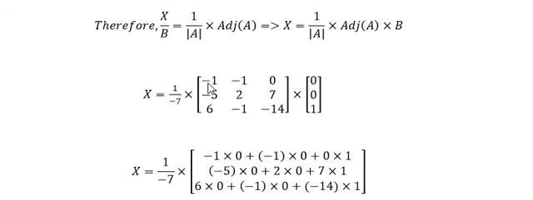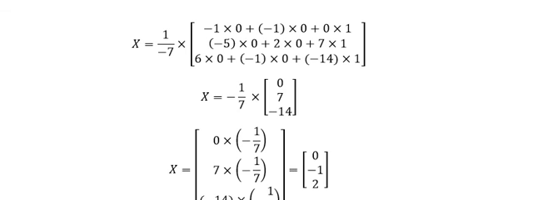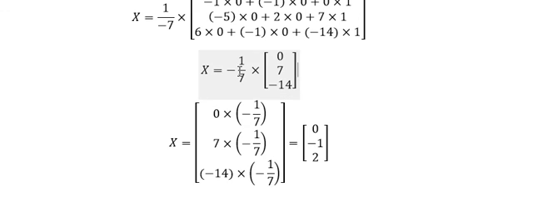So we have -1 multiplied by 0, -1 multiplied by 0, and 0 multiplied by 1. You do similarly with row number 2 and row number 3, and you get this. After we calculate, we get 0, 7 and -14. We have -1 over 7 multiplied by this matrix, so you will get this. We put -1 over 7 inside the matrix and we get 0, -1 and number 2.